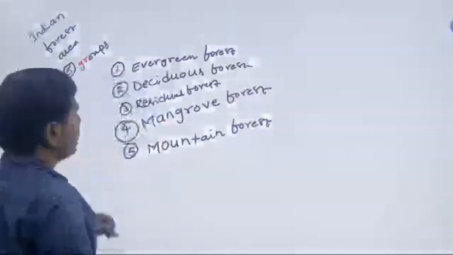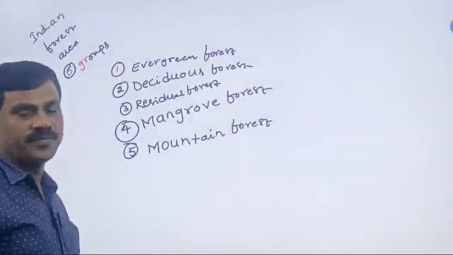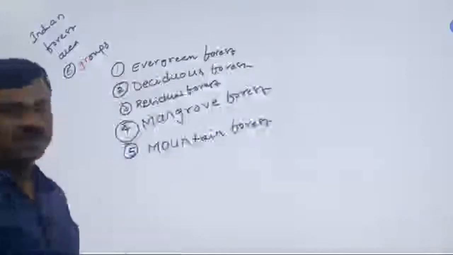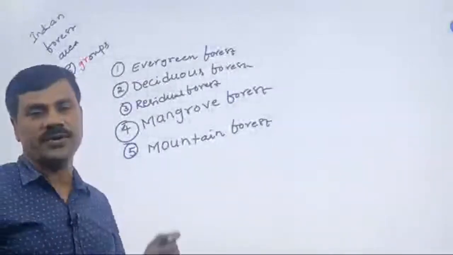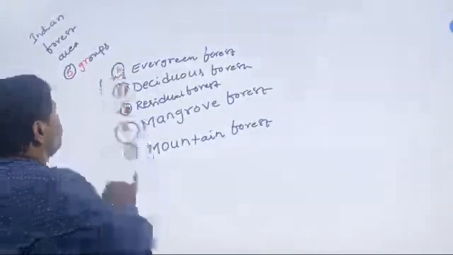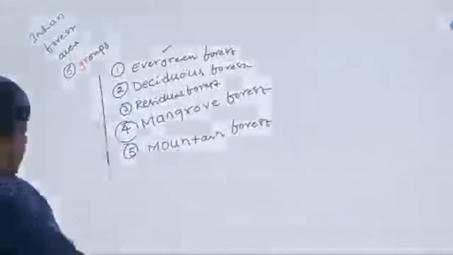Okay, this is the 5 groups of the forest areas. These are divided on the basis of temperature, rainfall, and soil fertility into 5 groups. Now we will discuss the evergreen forest.